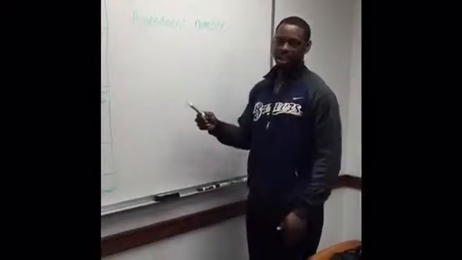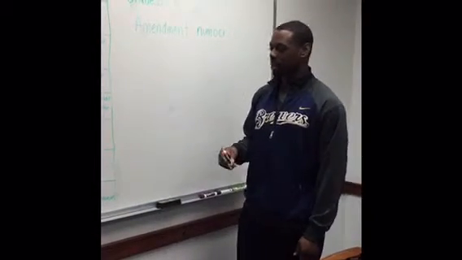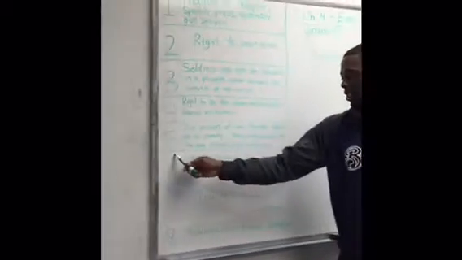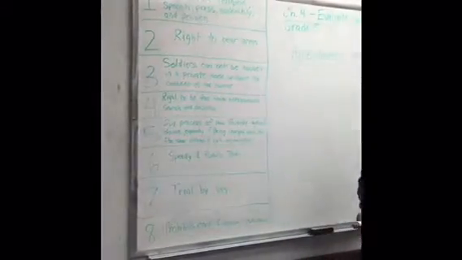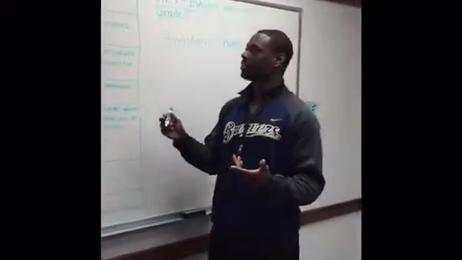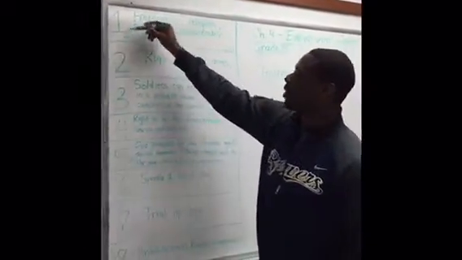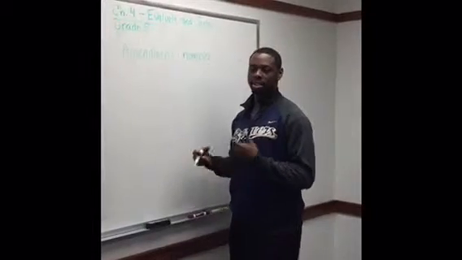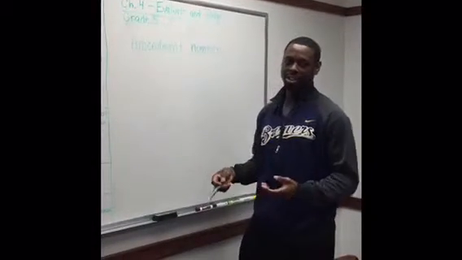Just based off these first 8 amendments, I'm stuck between Amendment number 6, which is the right to a speedy and public trial, and Amendment number 1, which gives me the freedom of religion, speech, press, assembly, and petition.